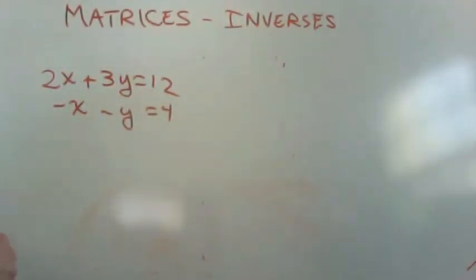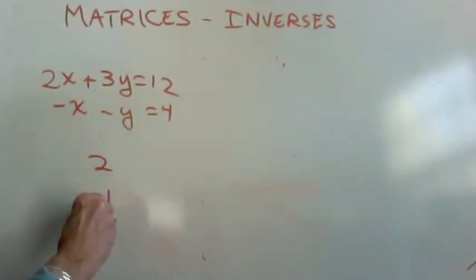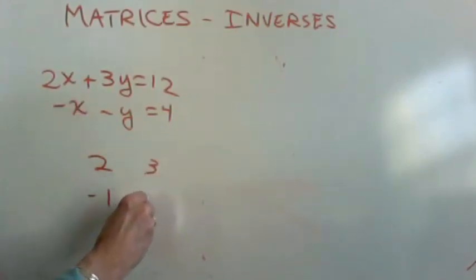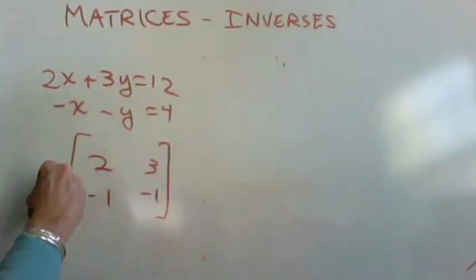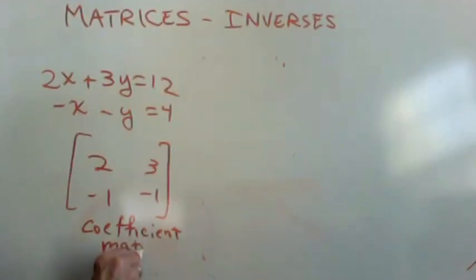We can either do it by graphing, by substitution, or by elimination. We can also do it by creating a matrix equation. And the way that you do this is you take what's called the coefficient matrix, like pulling these right off the board. So this becomes a 2, a -1, a 3, a -1, and that will be our coefficient matrix. Those are the coefficients of those variables.